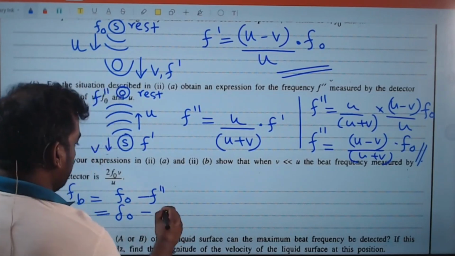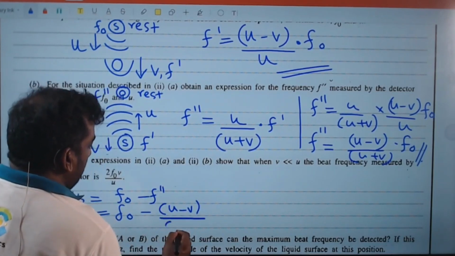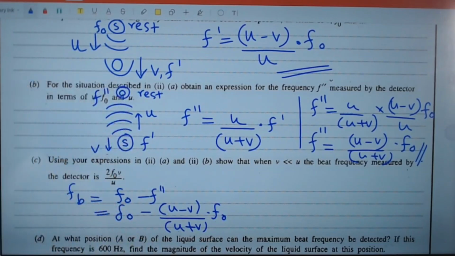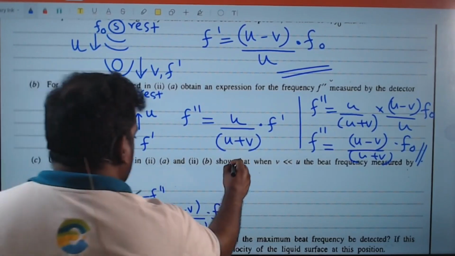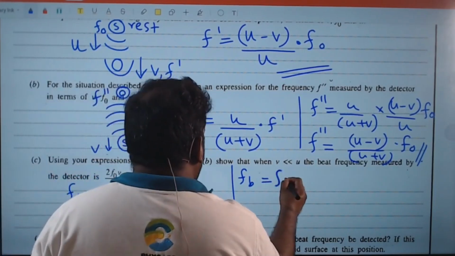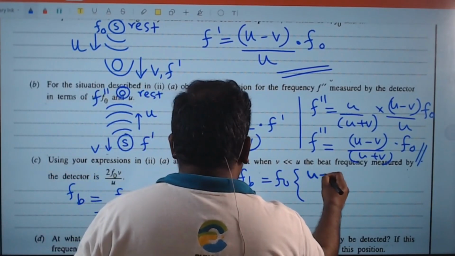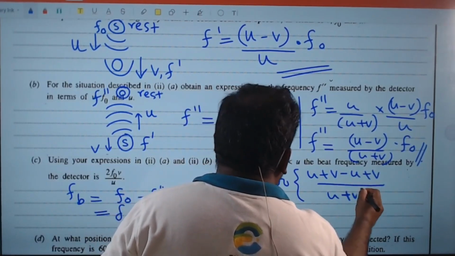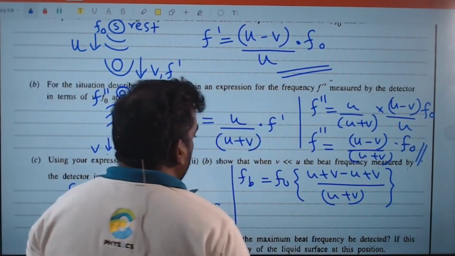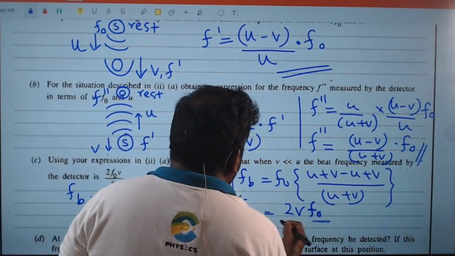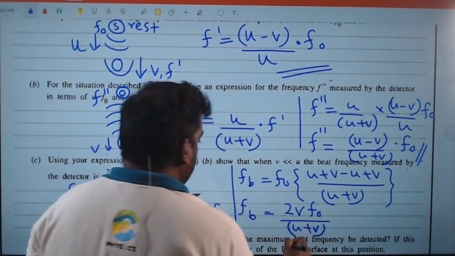Substitute u minus v divided by u plus v into f naught and simplify. Take f naught out: u plus v minus u plus v, over u plus v. The u cancels off. Beat frequency is 2v f naught over u plus v.